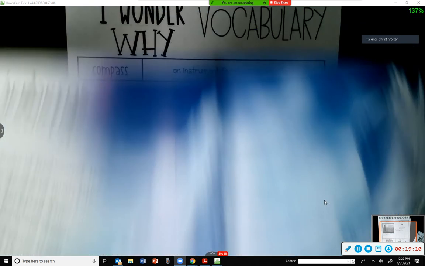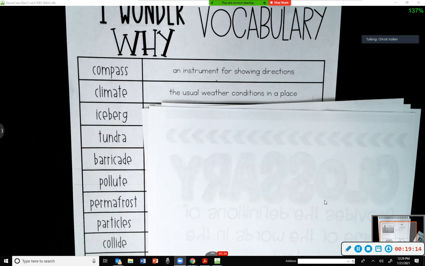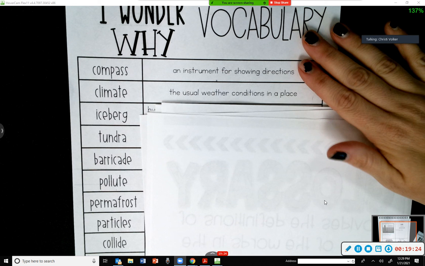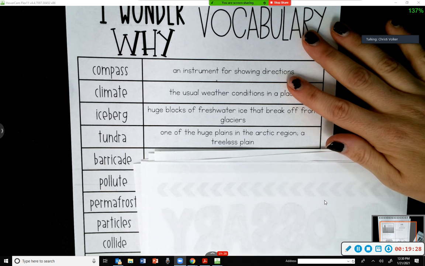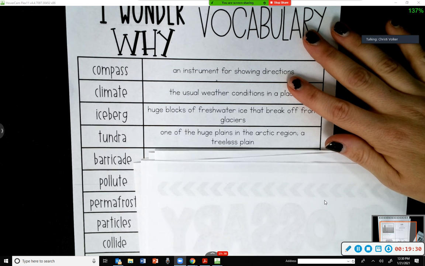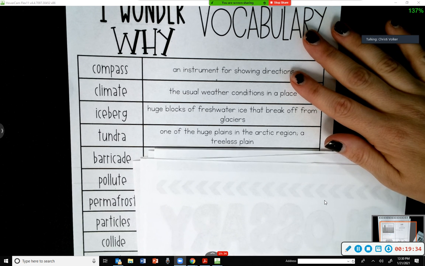Right there, okay? Tundra. They talked about the tundra in here. We actually looked at that word being in italics in the book. Tundra is just an ecosystem, okay? One of the huge plains in the Arctic region, a treeless plain. The tundra is known for being very, very cold.